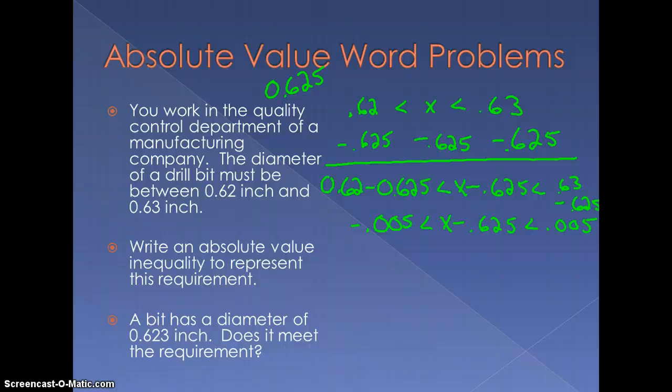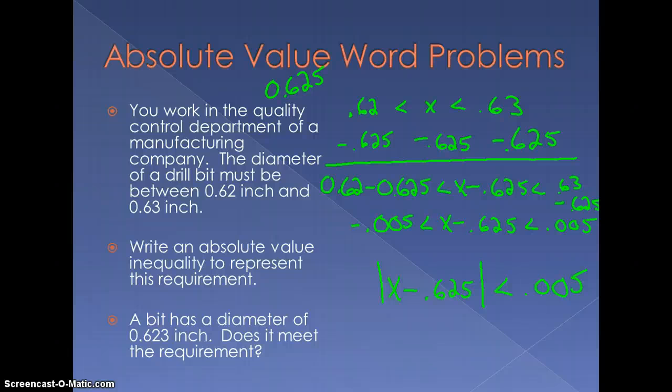This goes along with our and inequalities, saying that the absolute value of x minus 0.625 is less than 0.005. That would be our absolute value inequality. That says the diameter cannot vary from 0.625 by more than 0.005 inches. We have a 0.005 inch margin of error on the drill bits.